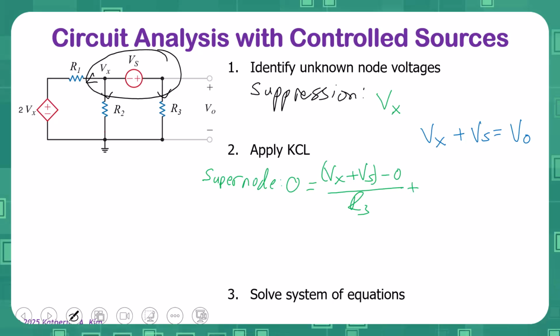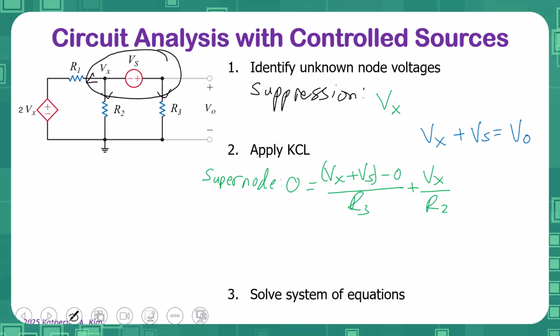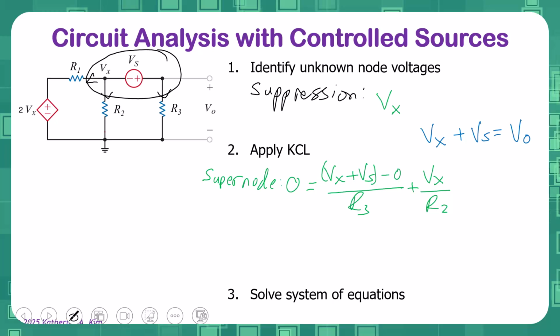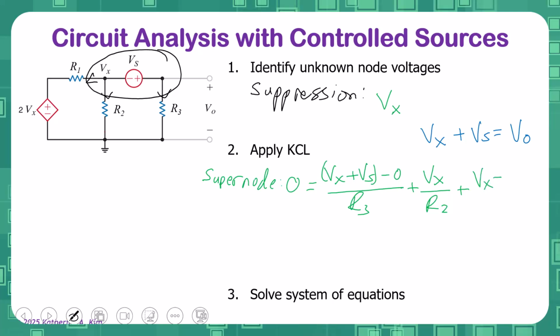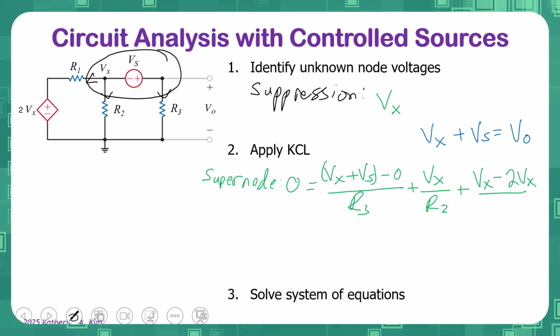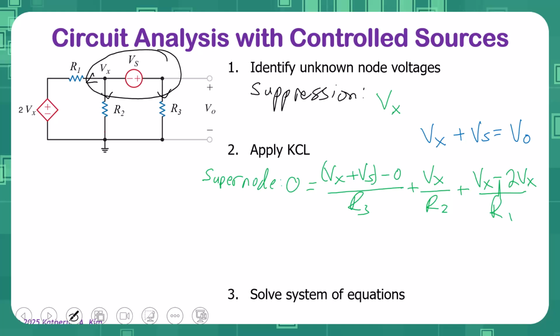And then we're going to plus, this one's the easy one, the second one, current through R2, Vx divided by R2, that's a straightforward one. And then the last one is going to be Vx minus the voltage over the current source, so Vx minus 2Vx, divided by R1. My apologies. I got confused for a second. Because the current is going through the resistor first. So we know the voltage on each side of the resistor. We can define those, and then we can write that out.